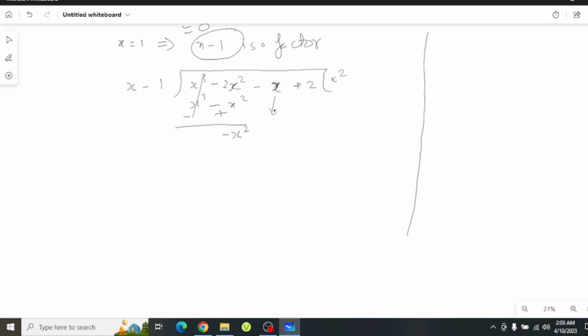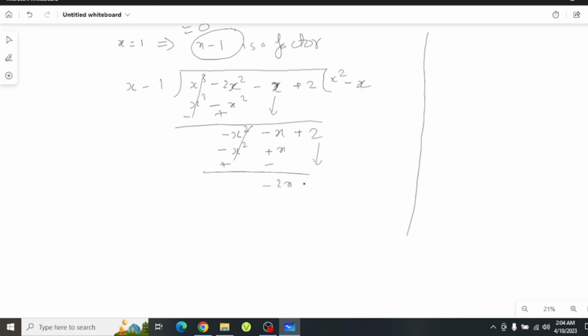Then we will copy the next term, and in quotient we will add minus x, and we will multiply this minus x with x minus 1. So here we will have minus x square and plus x. Change the signs. X square will be cancelled, and minus x minus x will become minus 2x.